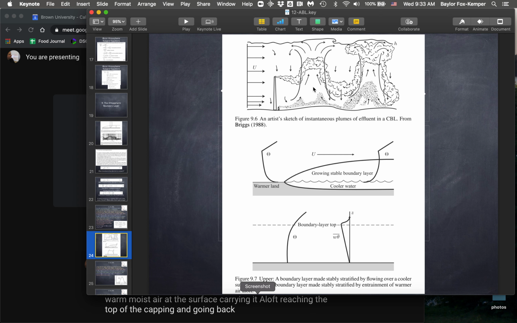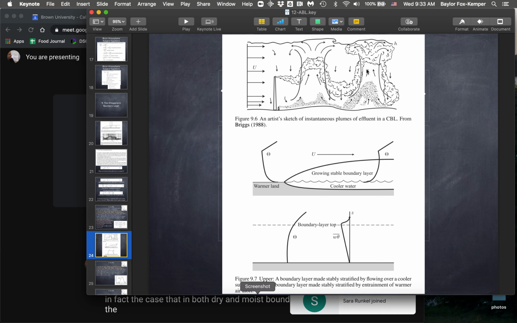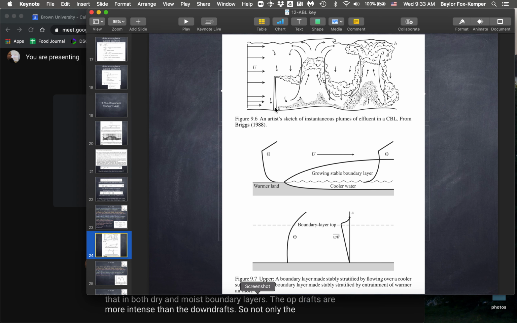It's in fact the case that in both dry and moist boundary layers, the updrafts are more intense than the downdrafts. So not only is the variance of vertical velocity, the vertical velocity squared, or the RMS vertical velocity, important to think about. That's the one that goes into the Reynolds stresses.